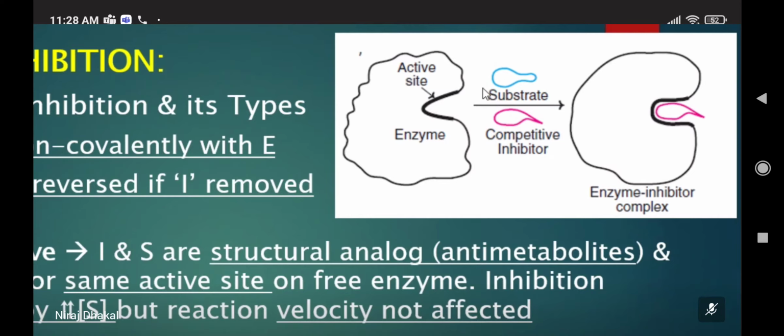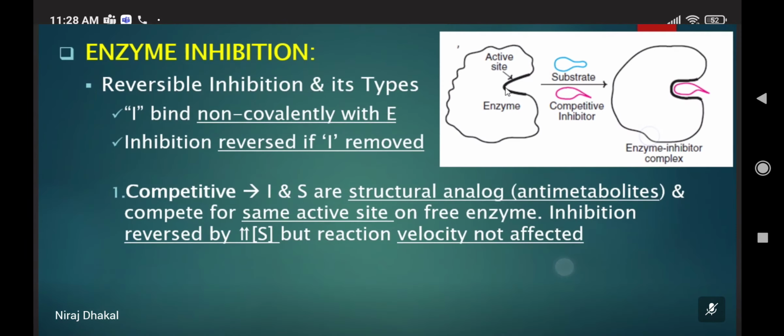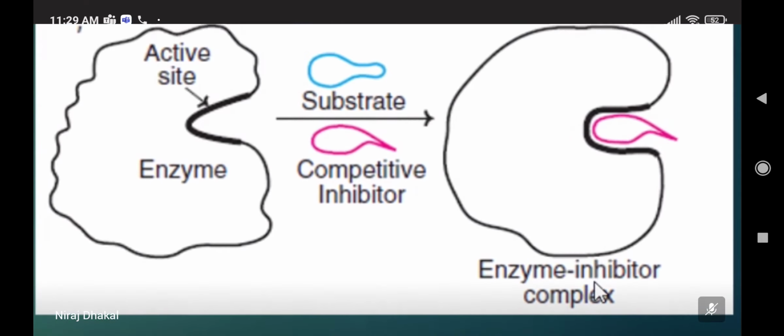When substrate binds the active site, it will be converted to product. But if inhibitor binds with the active site, this will inhibit the enzyme. But fortunately, the inhibition can be reversed. You can see in this diagram, the active site is bonded with the inhibitor and the enzyme-inhibitor complex is formed.